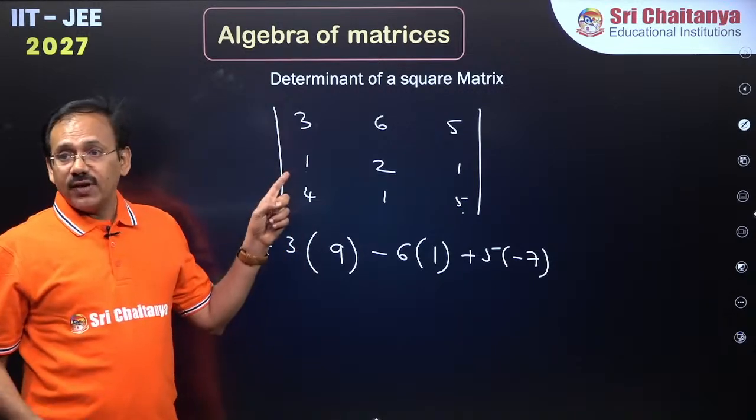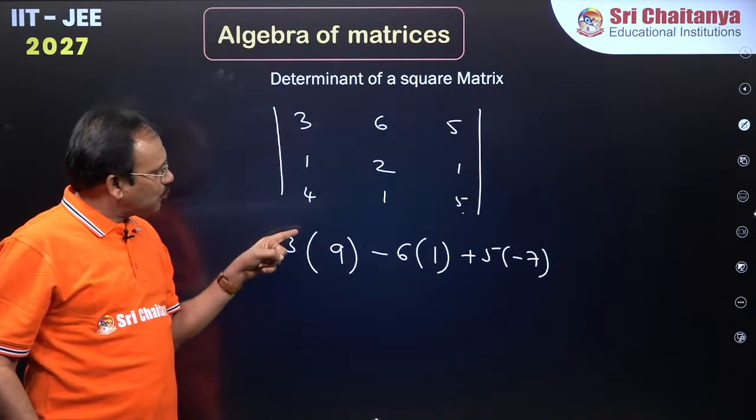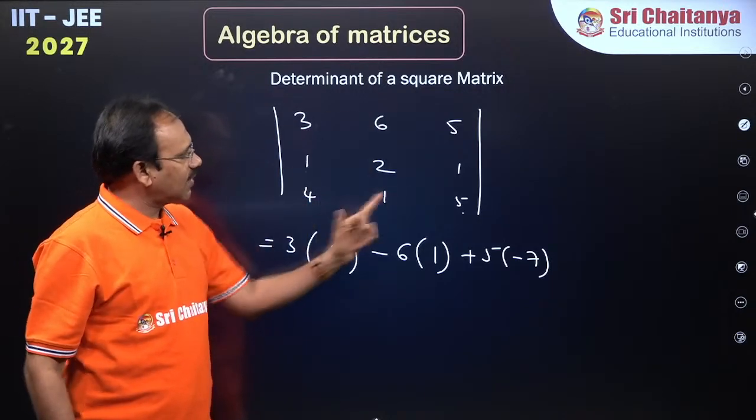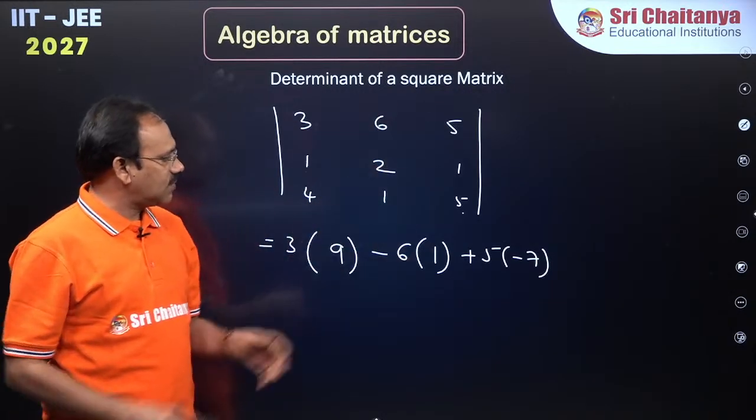So this is 3 into this determinant minus 6 into this determinant plus 5 into this determinant.